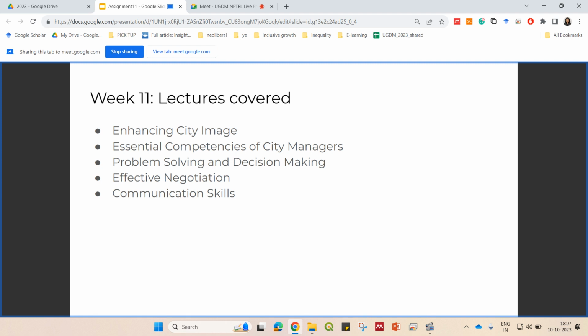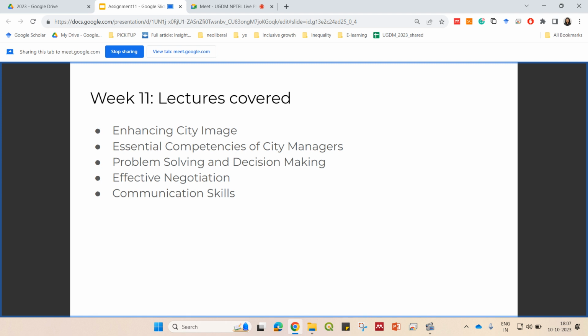The second lecture would be on essential competencies of city managers. In this, you would have studied the various core values of good urban governance, and how the competencies of city managers are linked with those core values.